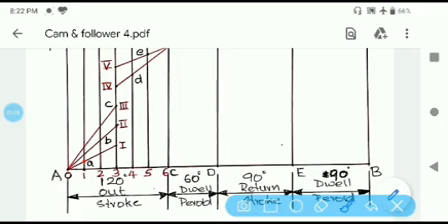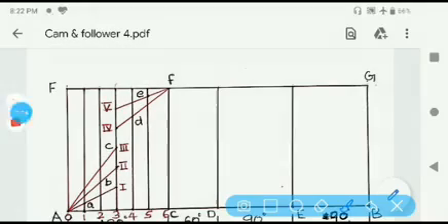Similarly, line A2 intersects the vertical line from 2 at B, and A3 intersects the vertical line from 3 at C, and line F4 intersects the line from 4 at D, and line F5 intersects the vertical line from 5 at E. So you now got all the intersecting points.